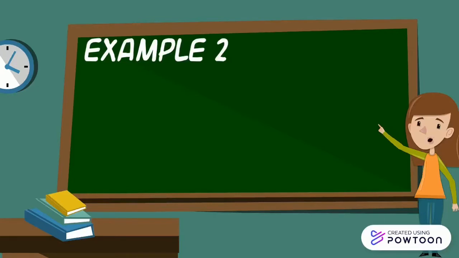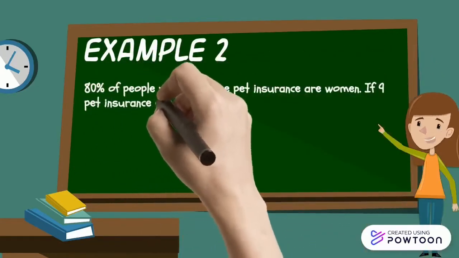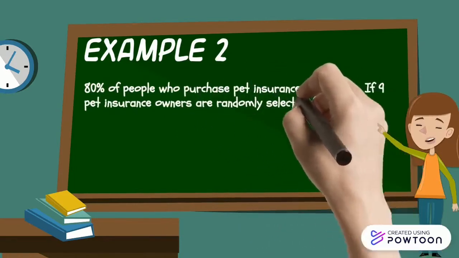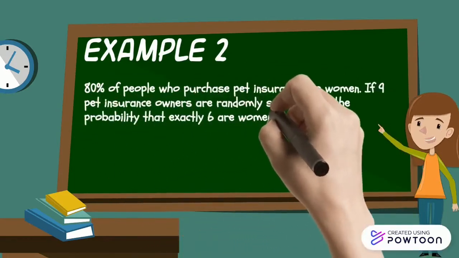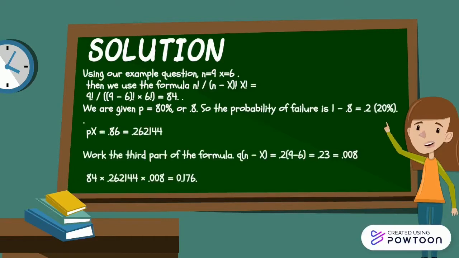So for the second example, 80% of people who purchase pet insurance are women. If 9 pet insurance owners are randomly selected, find the probability that exactly 6 are women. To do this, we're using our formula. n equals 9, x equals 6, so we put those in, which is 9 factorial over 9 minus 6 factorial times 6 factorial, which is 84.